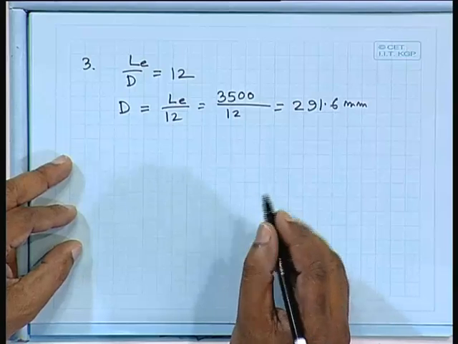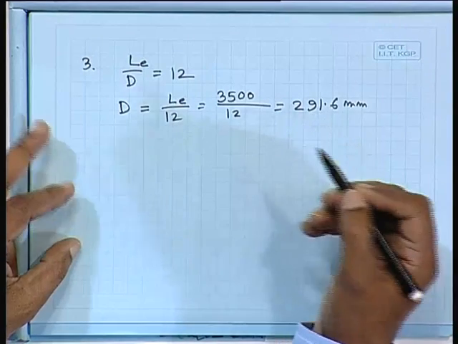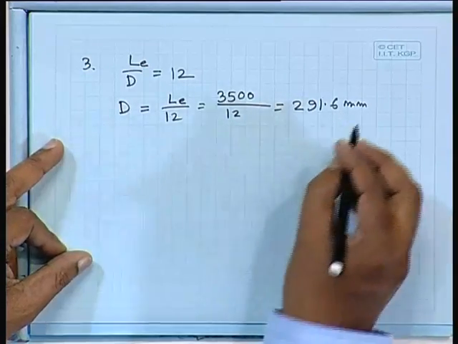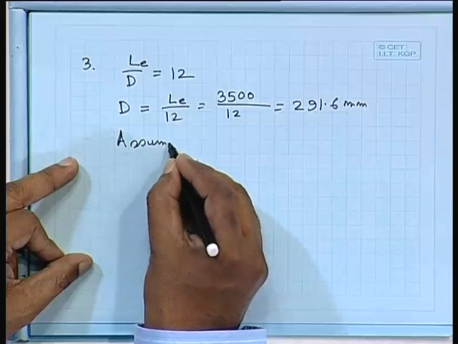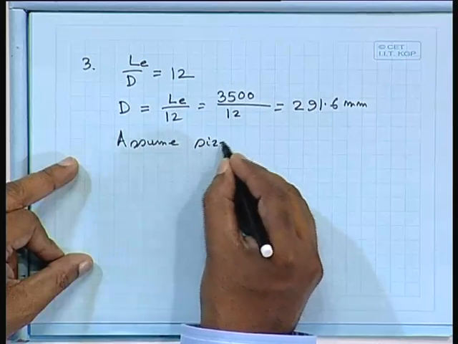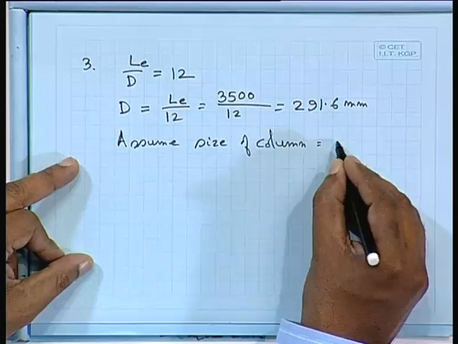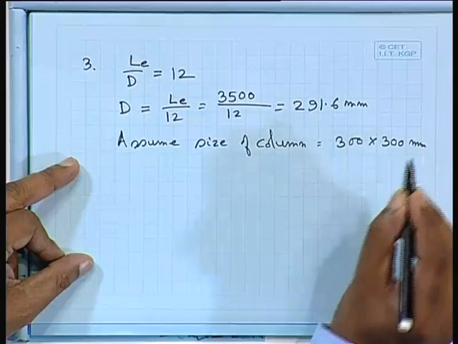Why shall I go 325 or 350? For the time being, let us assume size of column 300 by 300.